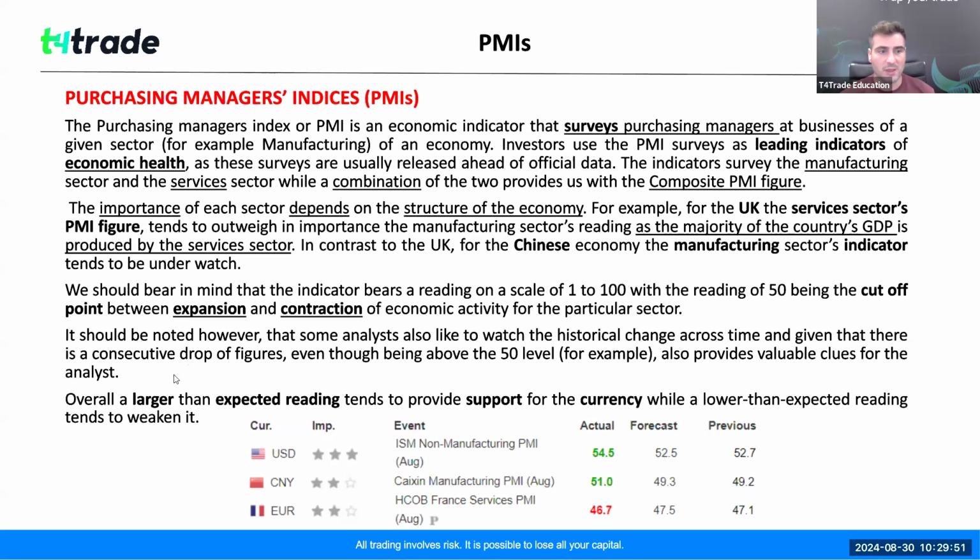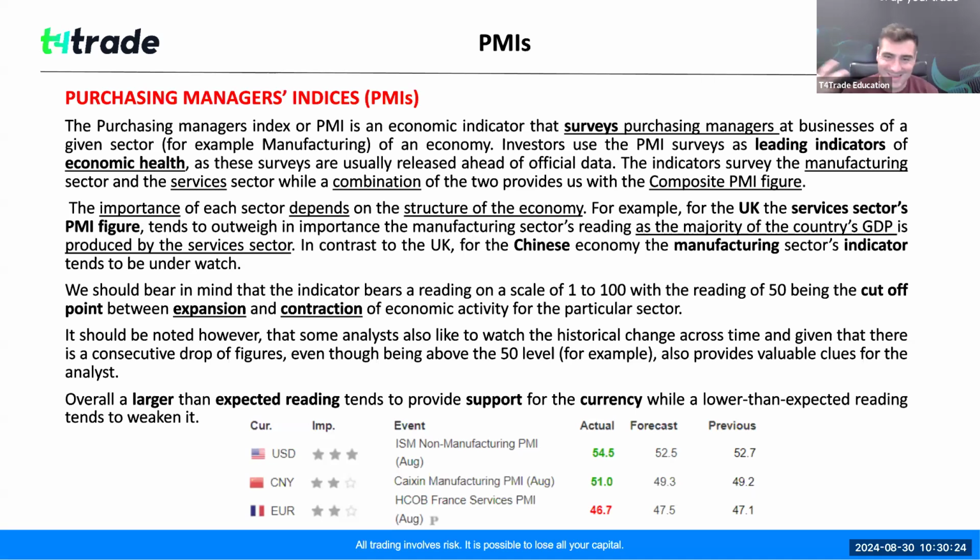It should be noted, however, that some analysts also like to watch the historical change across time, not only the actual result coming out. Given that it's a consecutive drop in figures, even though being above the 50 level, for example, if you see a PMI reading coming down from 65 to 63 to 60 to 57 and then back to 52, you see a downwards trend, signaling that growth in the manufacturing sector is worsening across time, even though you are not below 50.